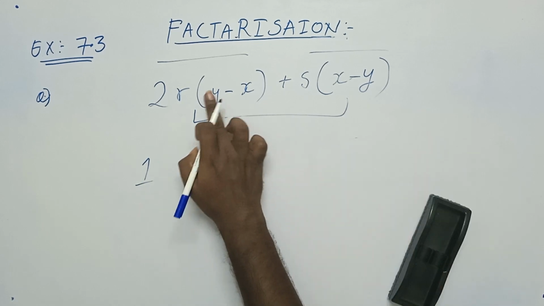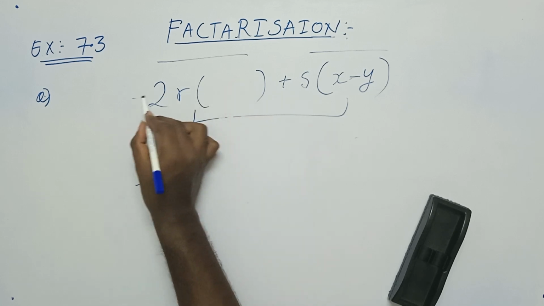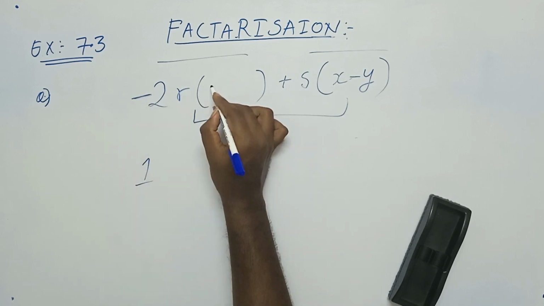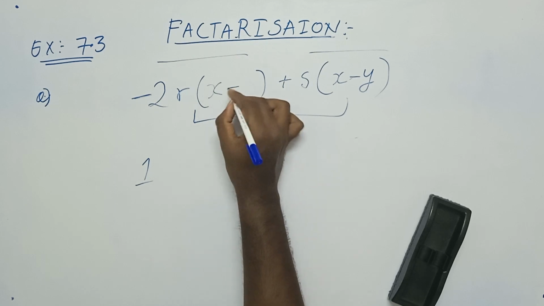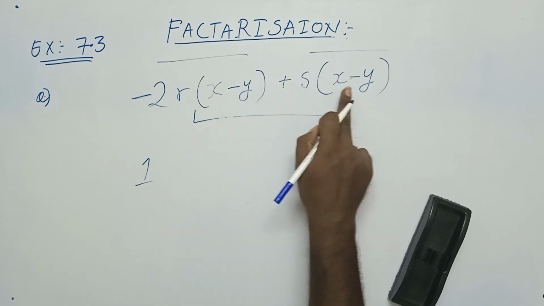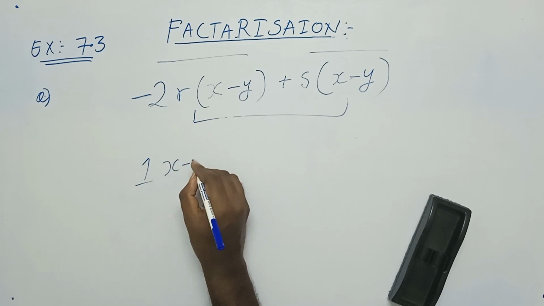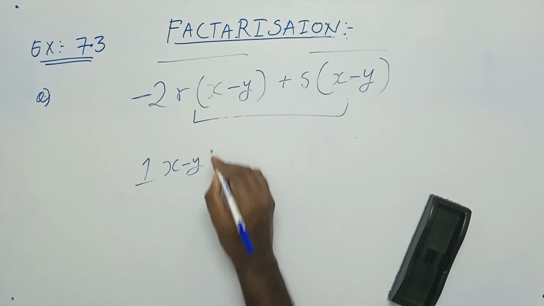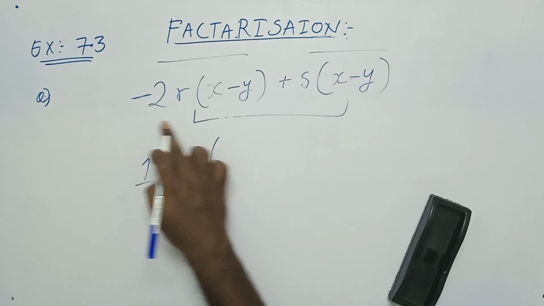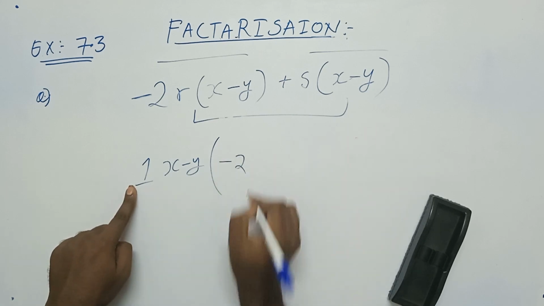Just rewrite this as minus 2r times x minus y. Now in these two terms, x minus y is common, so we take x minus y out. We divide the whole expression by x minus y.